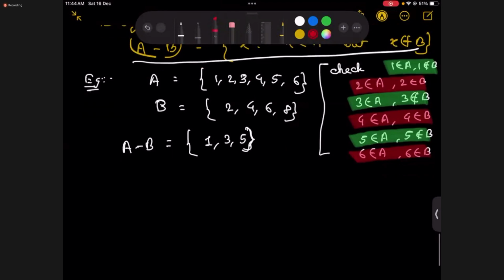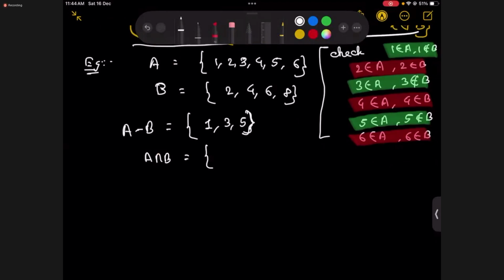Now also check this thing. What about A intersection B? This is equal to 2, 4, 6. And what about A minus A intersection B?